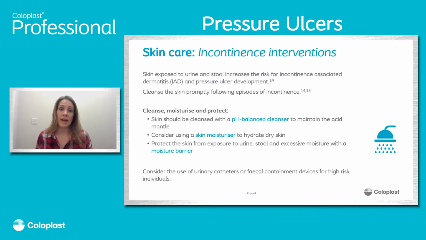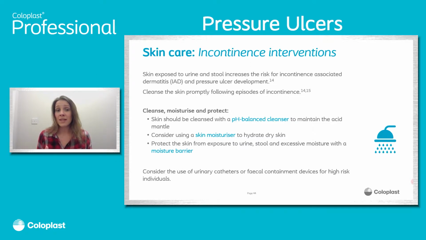So skincare, what can we do to try and prevent any breakdown in our skin? We can be cleansing skin with a pH balanced cleanser, and that will help the body's natural acid mantle to maintain itself. We can consider using moisturisers to hydrate skin. As we already know, if the skin is drier, then it can cause higher risk of damage.